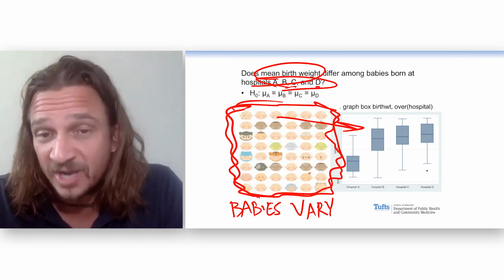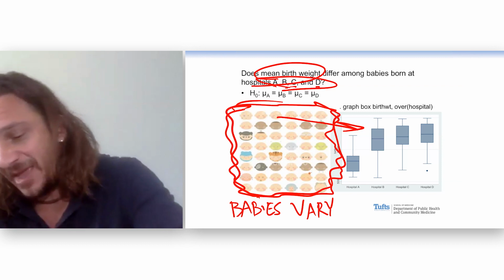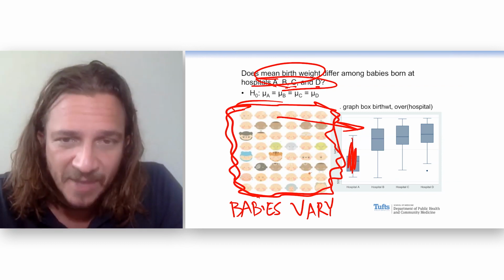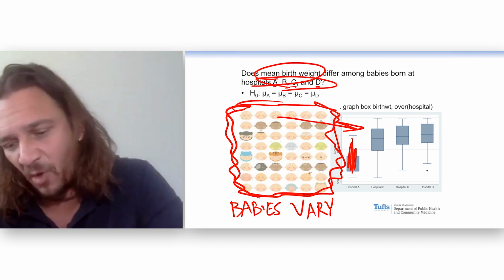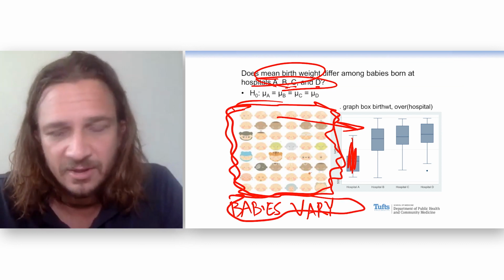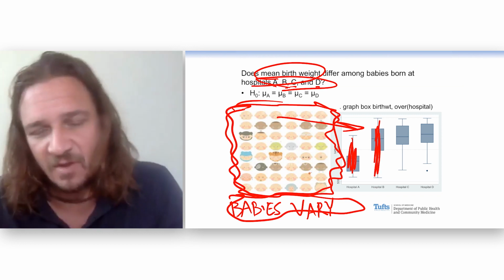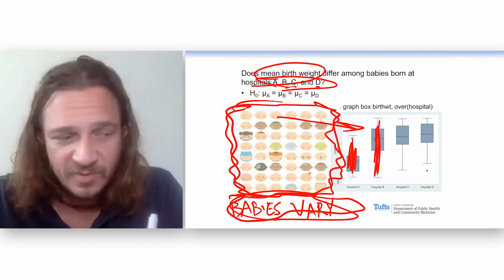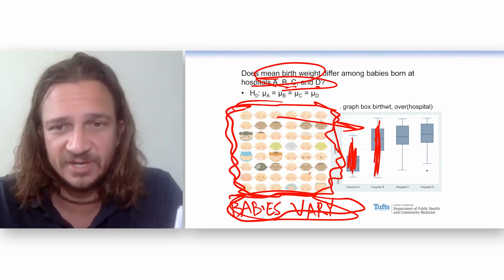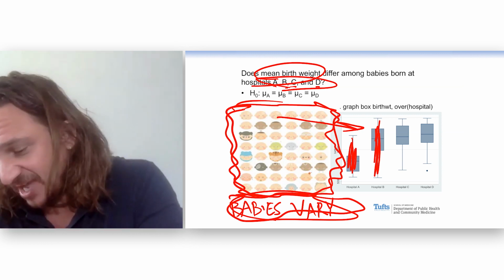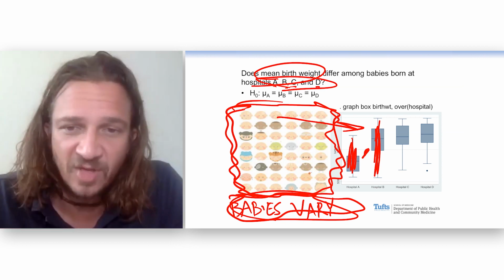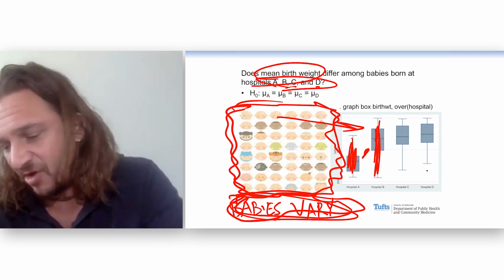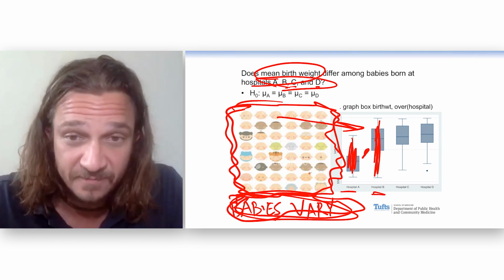And what we're going to do is we're going to look at how much do the babies differ within a group. Babies born at hospital A are not all the same. Why? Because babies vary. Babies born at hospital B are not all the same. Because why? Babies vary. That is going to be called the within group variance. We're also going to see that there is a difference between hospital A and hospital B. Why? Well, because babies vary, and they vary by hospital.